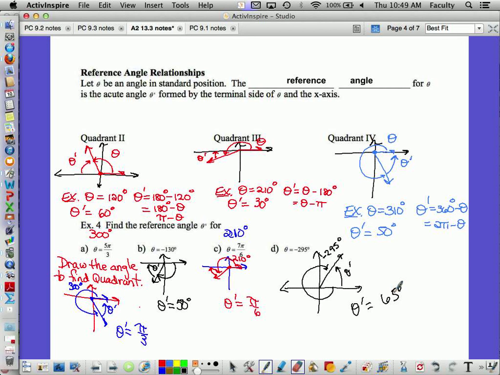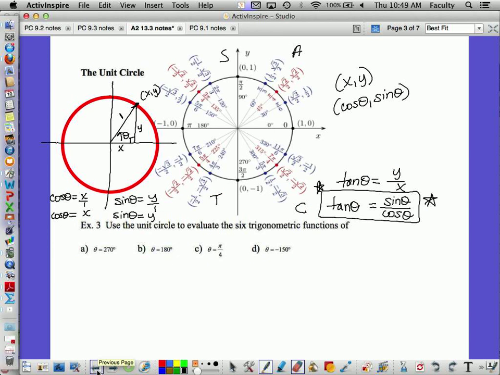All right, now I want to go back to example 3. It says use the unit circle to evaluate the 6 trigonometric functions, and we'll start with letter A. If I want the sine of 270 degrees, I want you to look at your unit circles. Look at the purple paper I gave you, and we need to find 270 degrees. 270 degrees is down here.